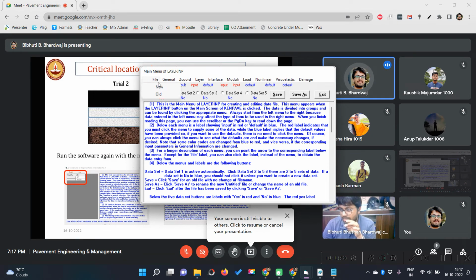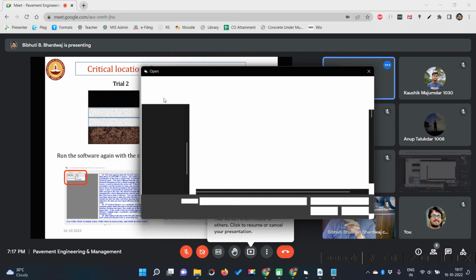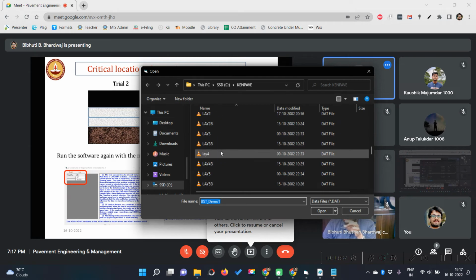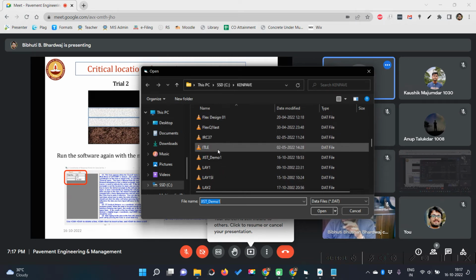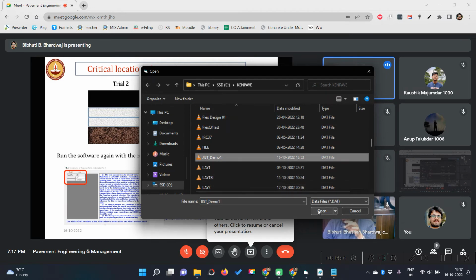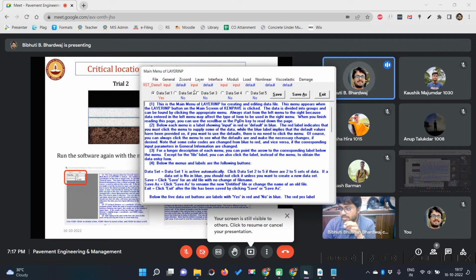You can go to file, type old, and it will open this. You can open whatever the folder. If you open this, all the values will come directly, but you need to confirm everything by clicking one by one.